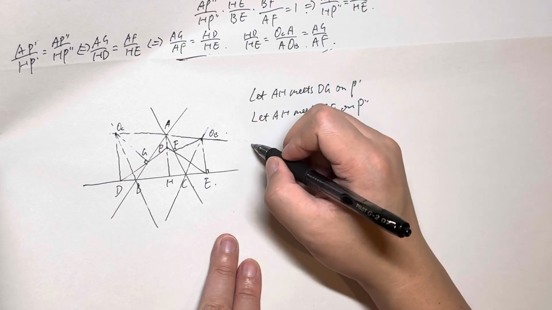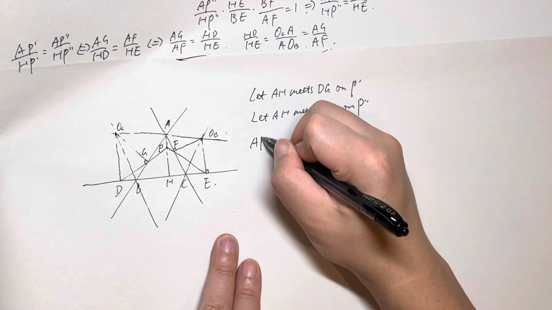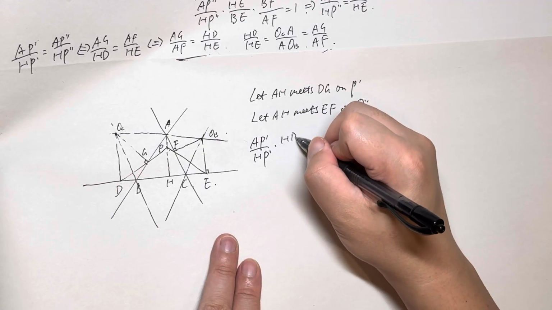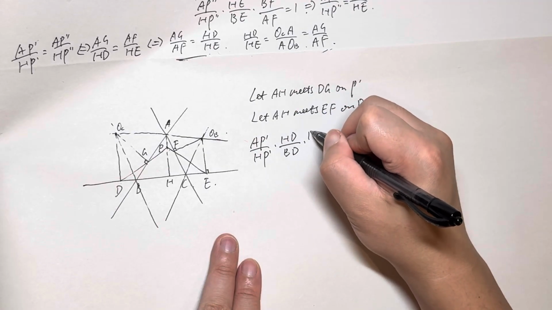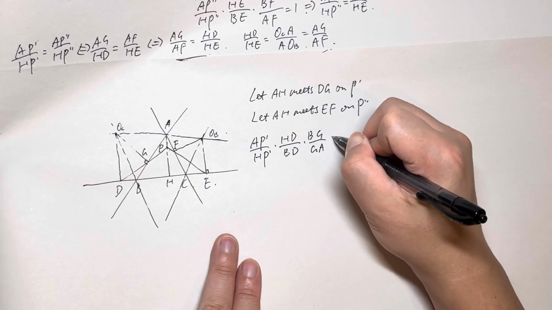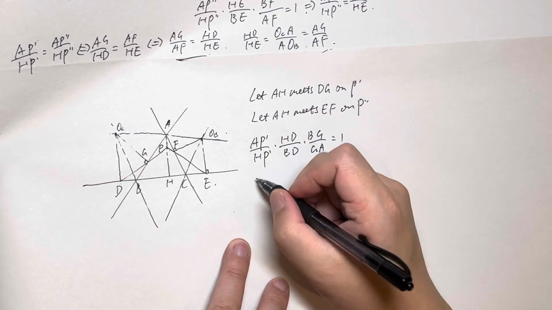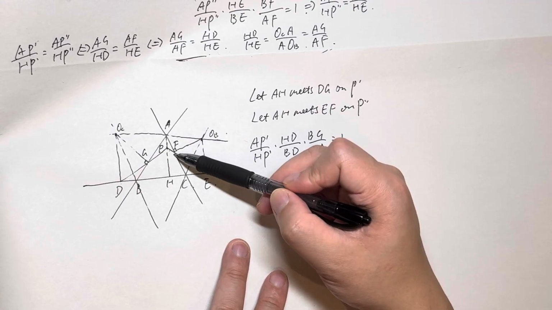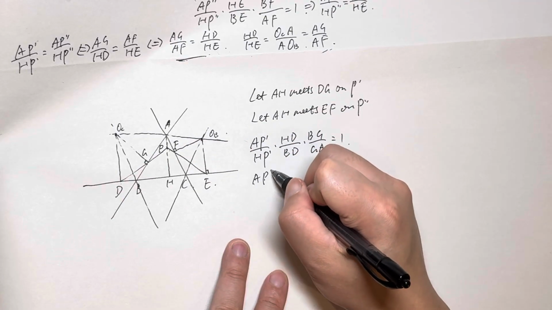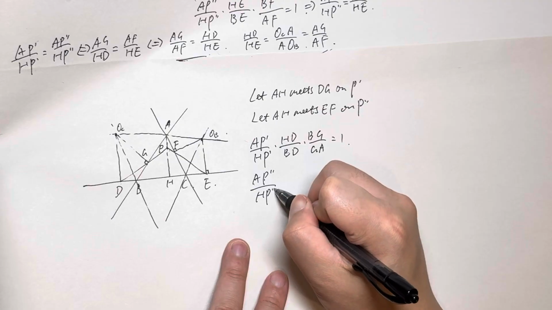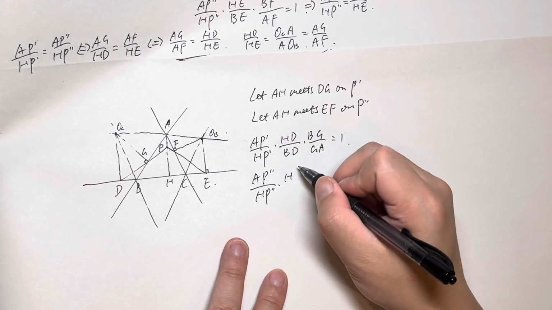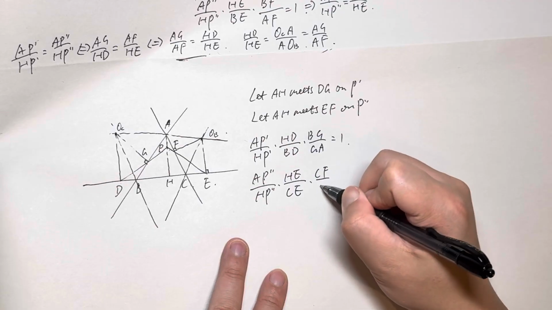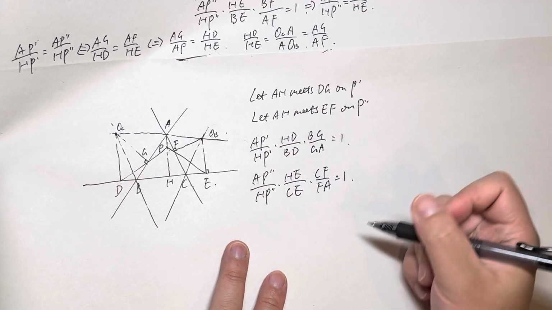Then it's easy to write it down as AP prime to HP prime times HD to BD times BG to GA equals 1. Similarly, for triangle AHC and the intersection line EFP double prime, we have AP double prime to HP double prime times HE to CE times CF to FA equals 1.